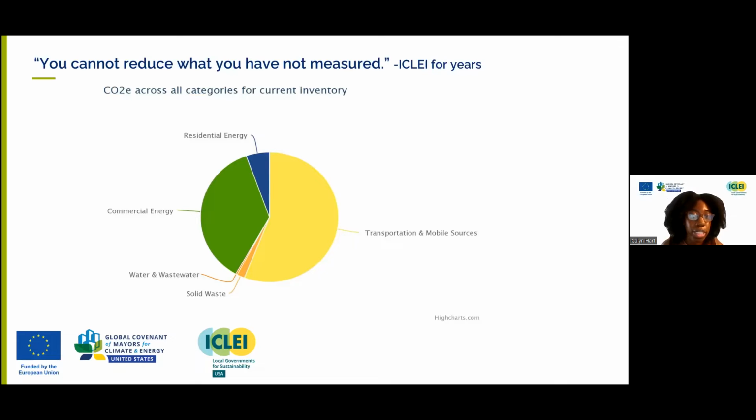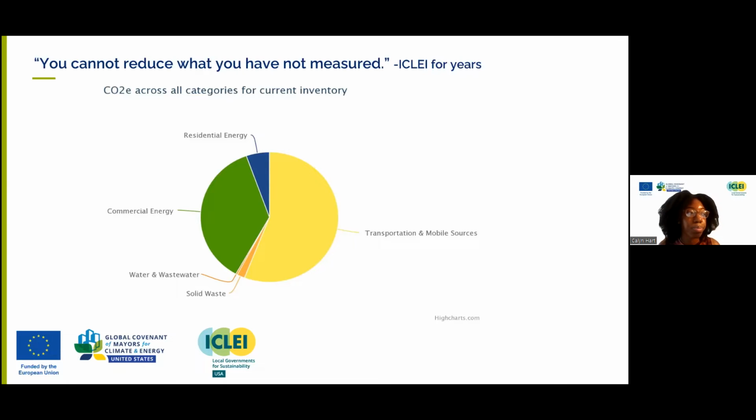So on this screen, I have a typical community greenhouse gas inventory from typical US cities. And so as you can see here, transportation is the largest source, whereas energy is the next source. And those are a few of the required sectors for reporting to GCOM. Solid waste is also a required sector.